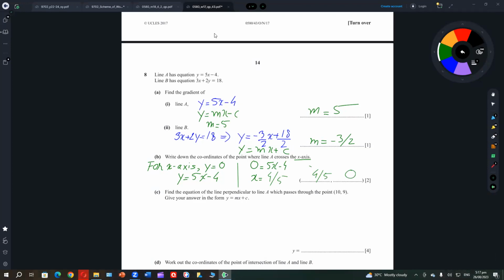So what is the concept? For the x-axis, you have to put y = 0. For the y-axis, you have to put x = 0. Intercept rule.